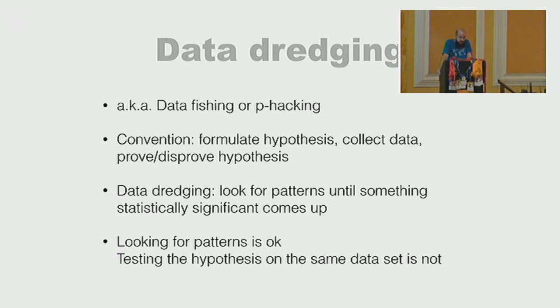Data dredging is what happens when you go the other way around. You get your data, you brute force the data, you find something that is statistically significant, and then you retrospectively come up with some hypothesis to match your findings. And that's something that is sometimes clear, quite visible in a paper, but sometimes it can be a little bit sneaky. So even experienced researchers might commit this kind of capital sin of doing p-hacking without realizing it.